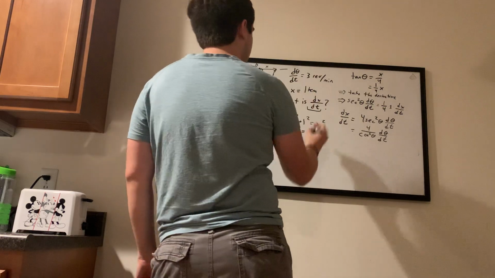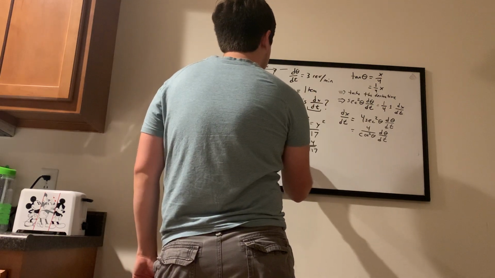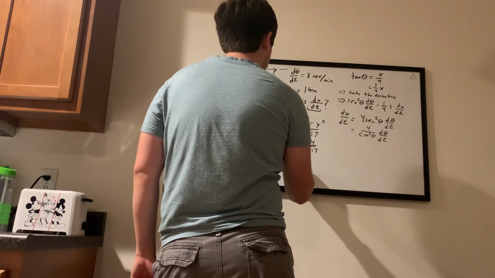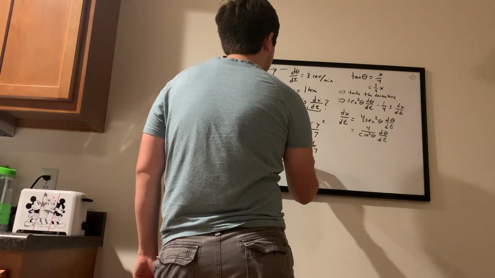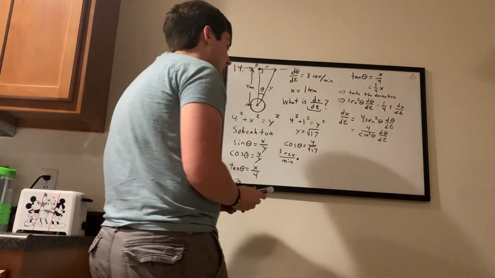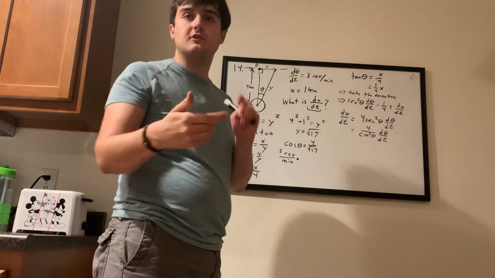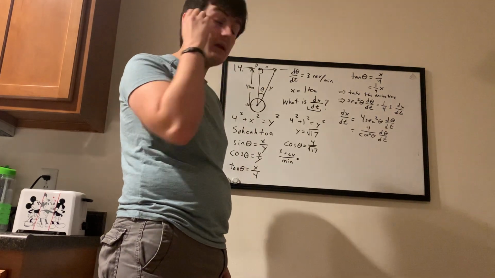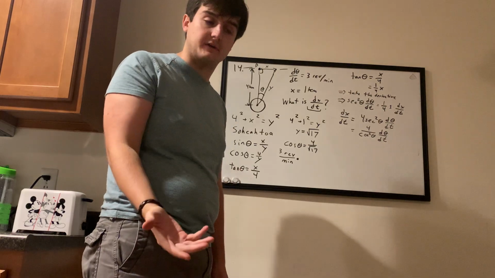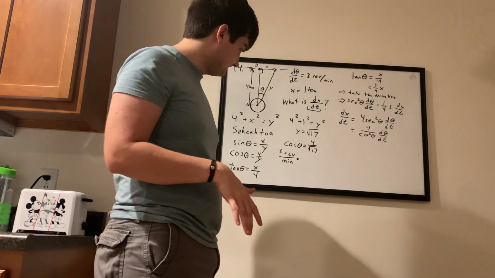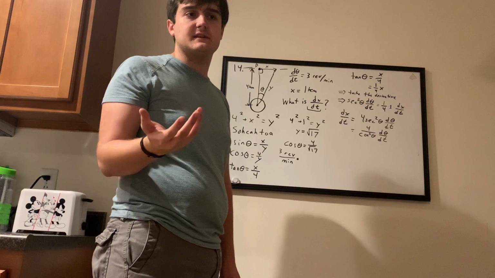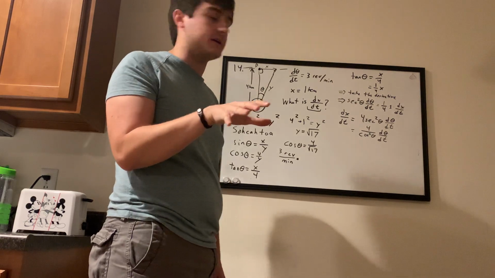So 3 revolutions per minute, and then I multiply by 1 revolution of any circle, which is the same thing as 360 degrees, or in the case of radians, 2 pi radians.